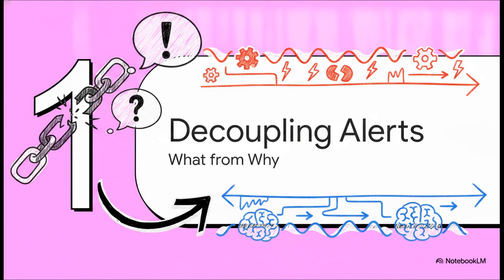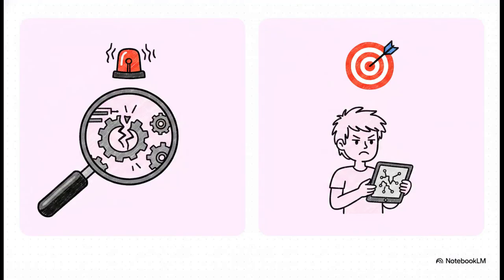All right, moving into part 1, decoupling the what from the why. We absolutely have to stop writing alerts for specific system causes and start writing them for overall symptoms. Threshold alerting tries to fuse the what and the why together, assuming that high CPU automatically equals a bad user experience. But SLO-based alerting is purely symptom-based. It deliberately divorces the what from the why.